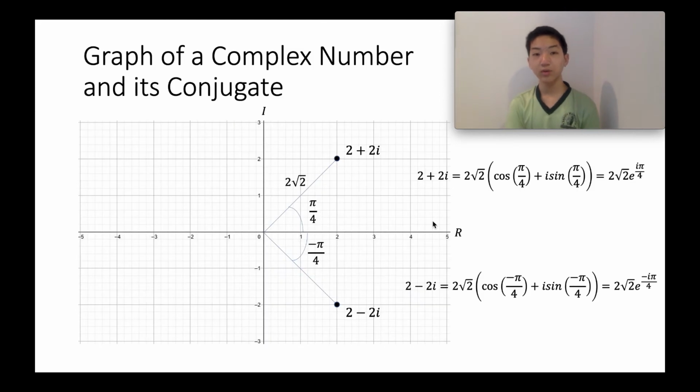So now I'll be going over the graph of a complex number. You can see here that we have the complex number 2 plus 2i and its conjugate 2 minus 2i. Remember that we have the real numbers represented here and the imaginary represented here.